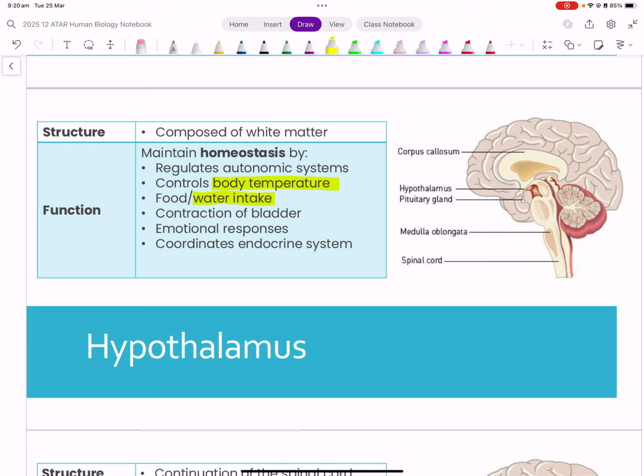Because the hypothalamus is also involved in a number of endocrine actions, a number of emotional responses come from that coordination of the endocrine system.